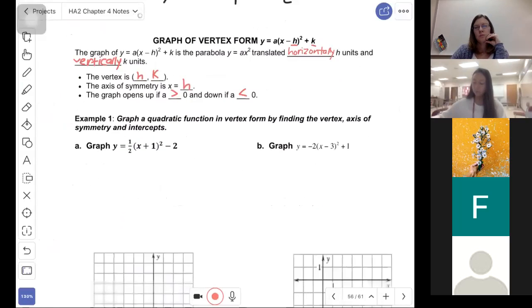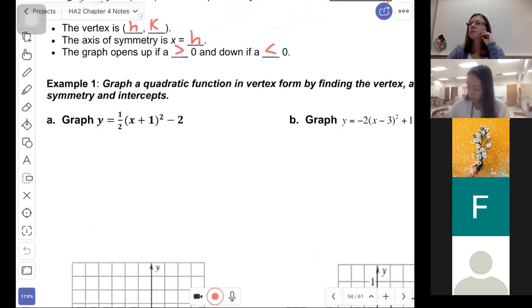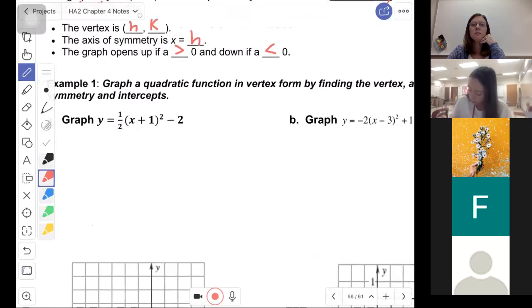So now we are going to graph a quadratic function that is in this vertex form. And we're still finding all of the same things, the axis of symmetry, vertex, and the intercepts, those 4 main things. Let's start with the vertex.